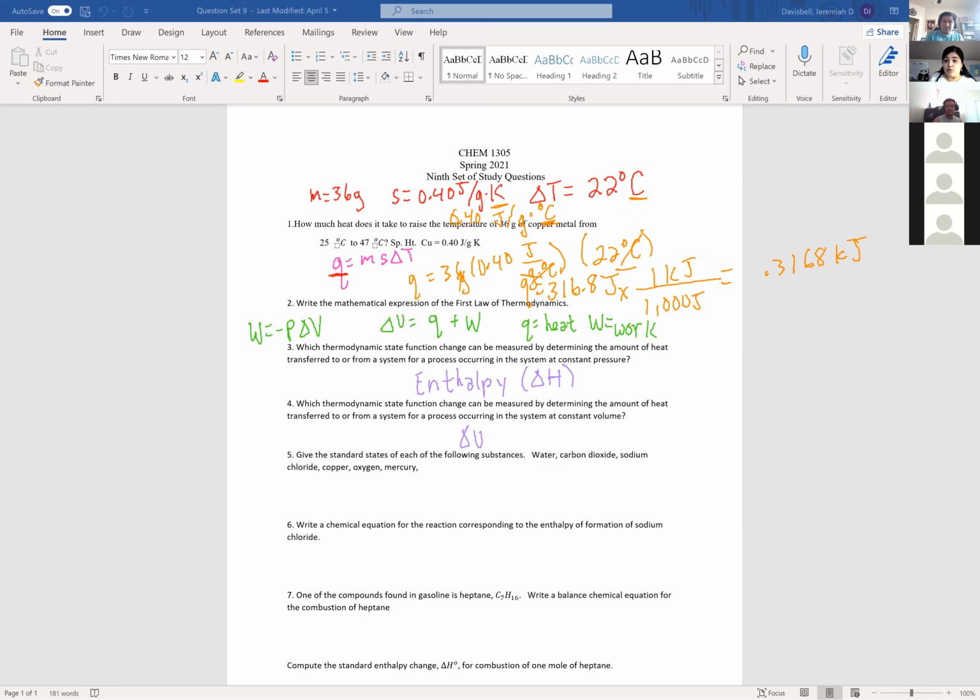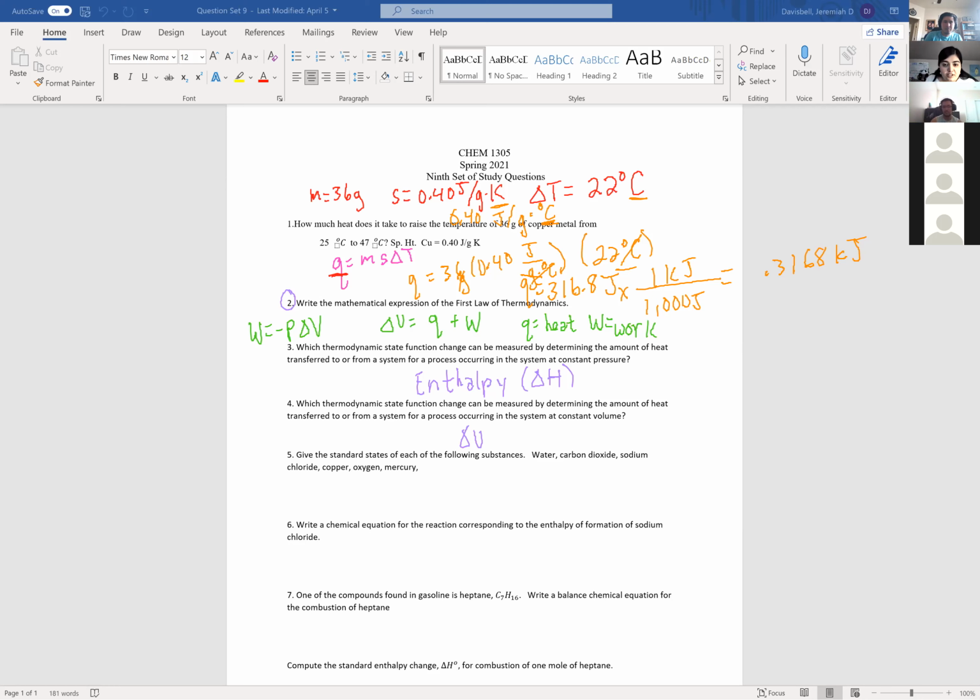Or where did we get delta U from? Hint, hint. We literally just used it. No, that's okay. It's from the first law of thermodynamics, right? Yeah, it's a change in energy, but we get it from the first law of thermodynamics. That's where that came from.